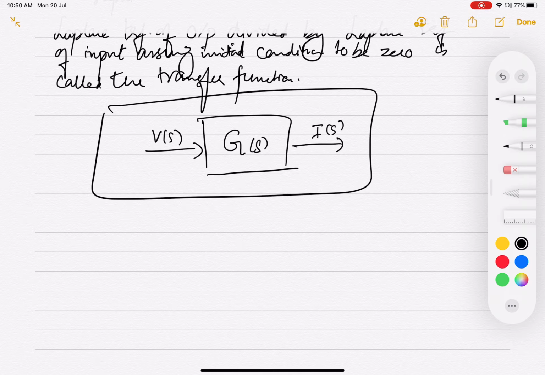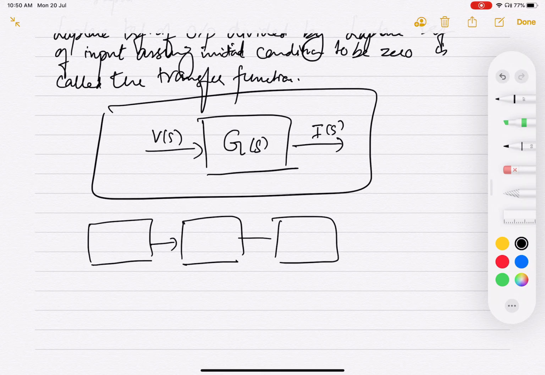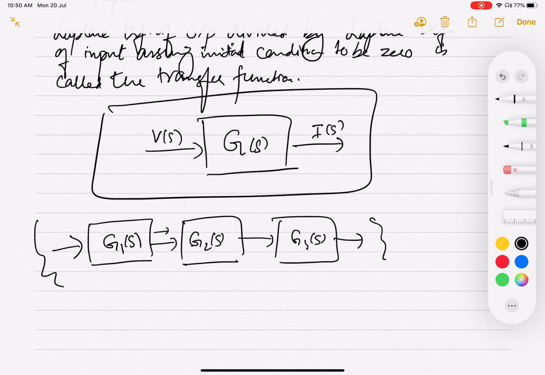So it is very convenient to then connect the different blocks together. One block might be your circuit, another might be the voltage or current going into the motor, feeding the motor, and there might be other blocks. So you can make a block diagram very conveniently if you're able to represent every subsystem as a transfer function.